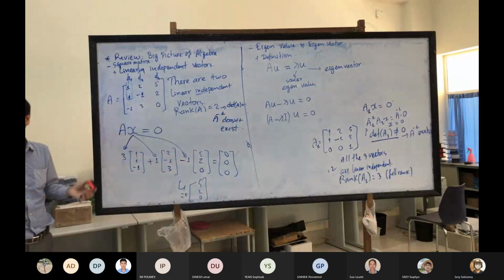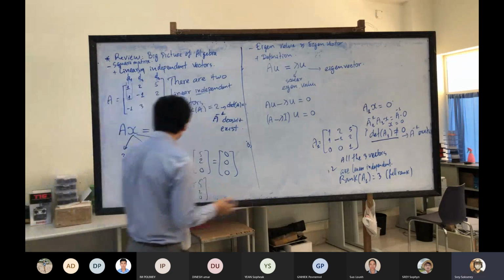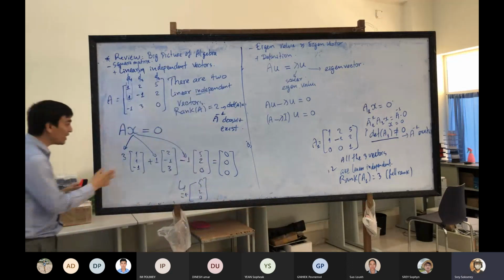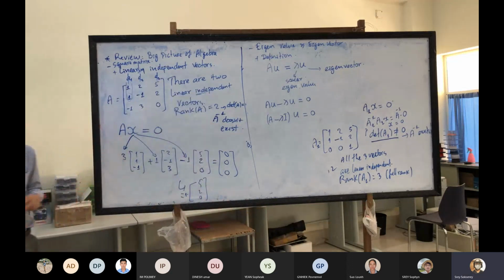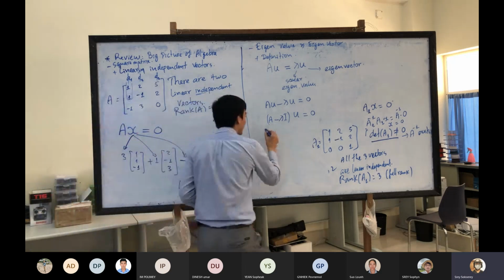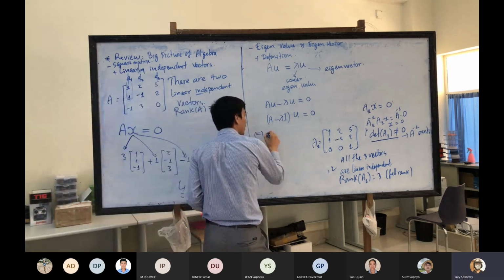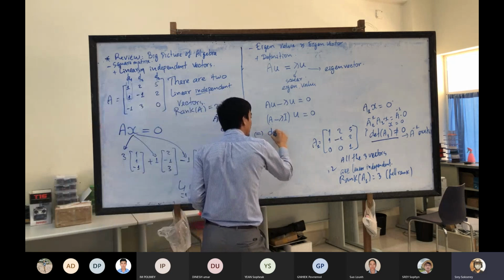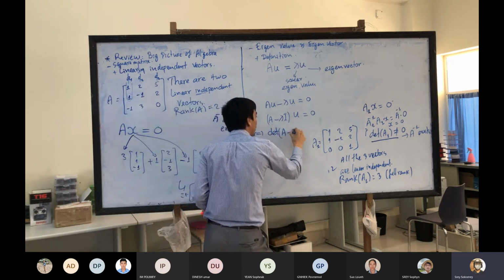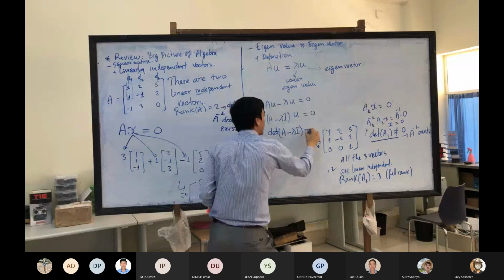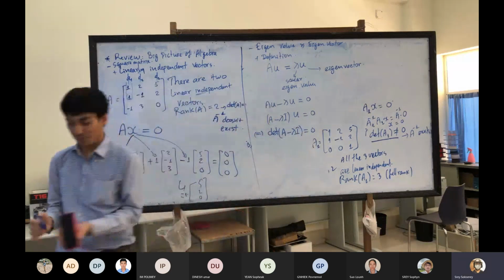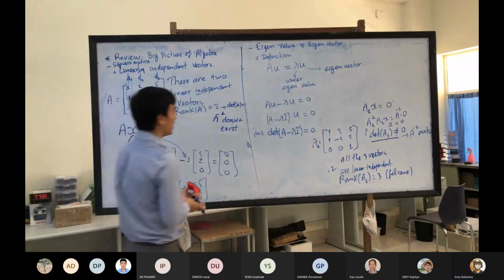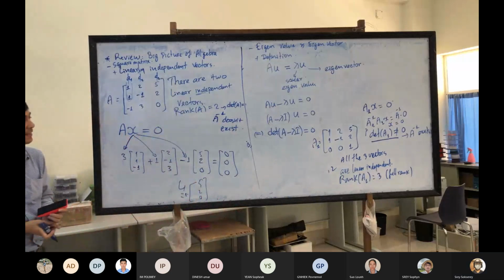Yes, you can find it if the matrix is not full rank. If it is not full rank, the determinant equals 0. So from here we get the determinant of A minus lambda I equals 0. And then we do the process of determinant. Let's say 3 by 3.